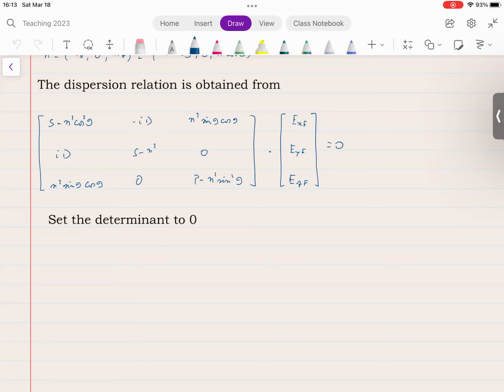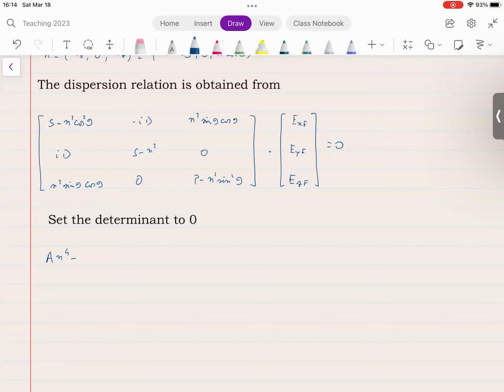And that's why the determinant only has a fourth order polynomial in n. In fact, it's even better than a fourth order. It's a second order polynomial in n squared.